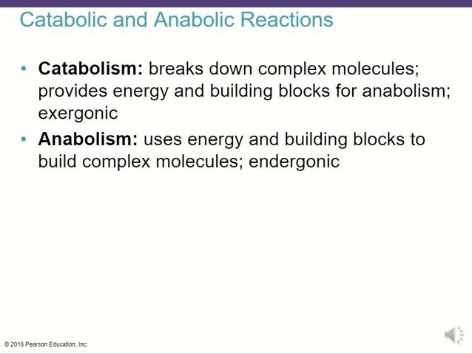It's considered exergonic, which means it produces available energy or releases energy. There is also anabolism, which uses energy, which takes in energy, ergo it is endergonic, and is used to take building blocks to form larger molecules or to store molecules, like forming glycogen from glucose sugar.